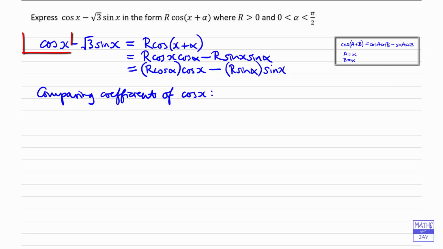Looking at the left-hand side, all that we've got multiplying cos x is 1, whereas on the right-hand side, we've got r cos alpha. And then we're going to do the same sort of thing for sine x.